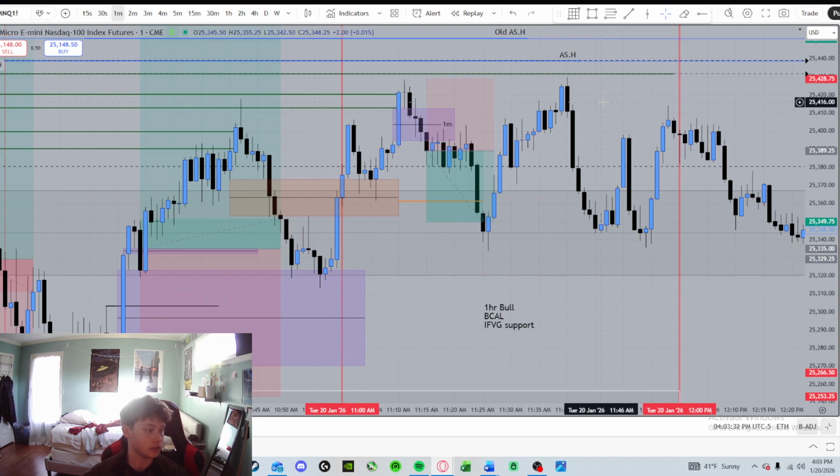But if this strategy ends up being successful after I backtest it for a year, maybe more, I might end up switching to it because the win rate is way higher. It's like 70+% compared to what I have now, which is like 50%.